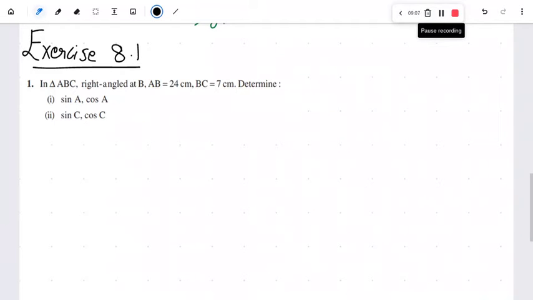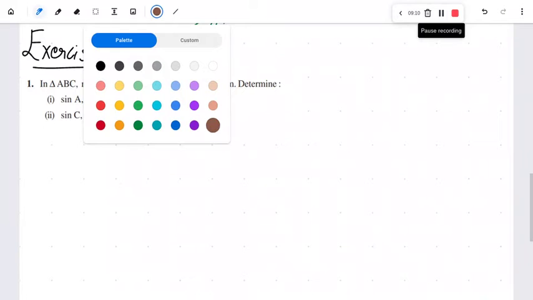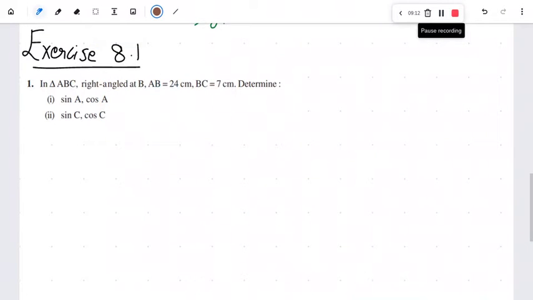First of all, every time I'm going to say the same thing: draw a diagram if it's not given. So we'll draw a rough diagram here. We are going to name it A, B, C, right angled at B, isn't it? What are the sides given? AB 24 centimeter, then BC is 7 centimeter.